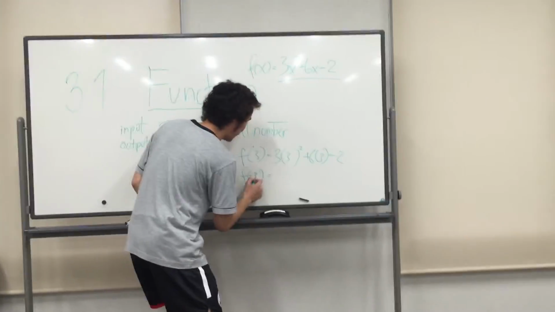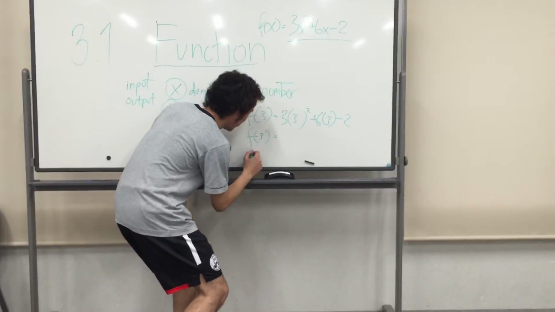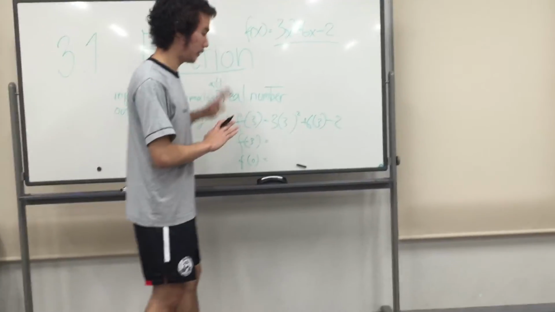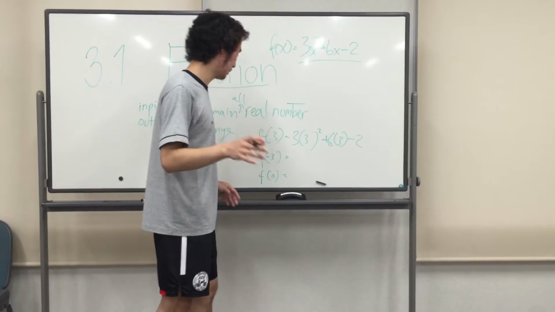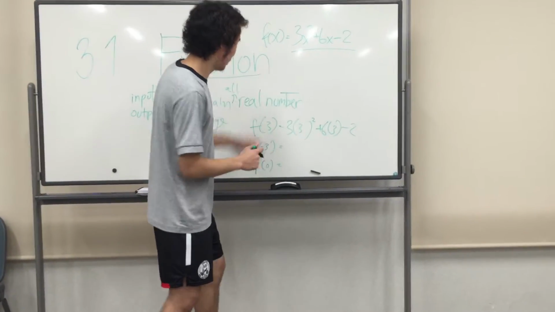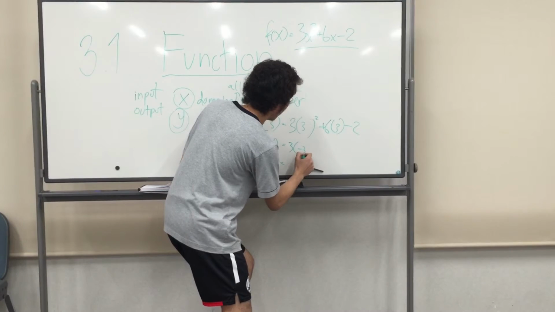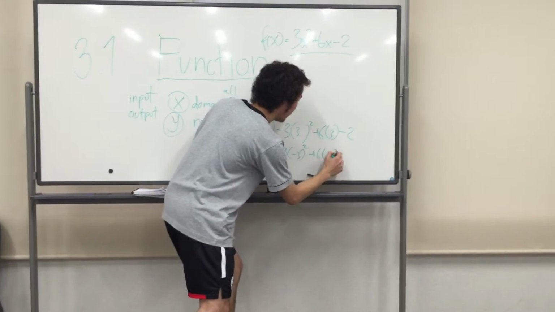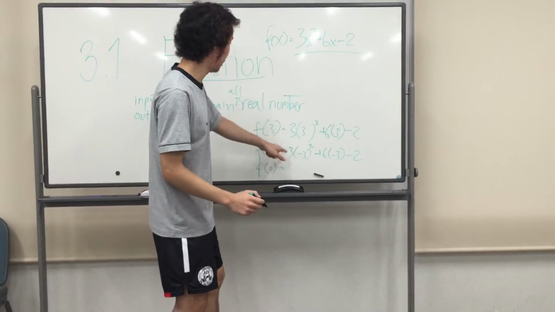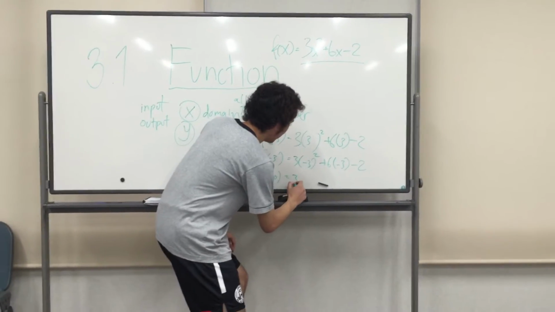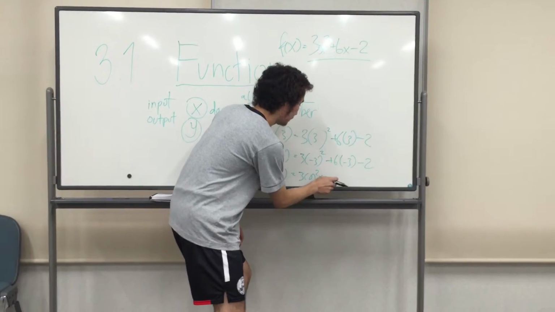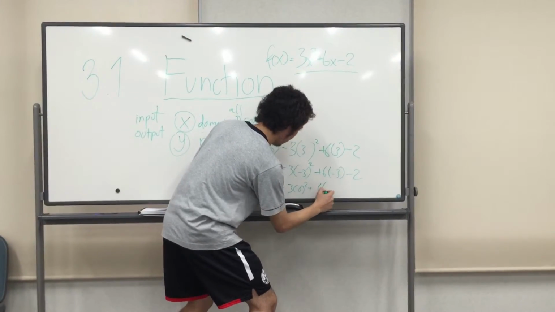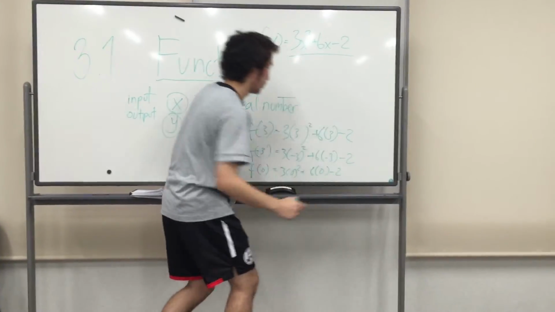So let's make it minus 3, and then the last number, 0. If you have done this, you are dismissed. So minus 3 squared plus 6 times minus 3 minus 2, and 0 squared plus 6 times 0 minus 2.